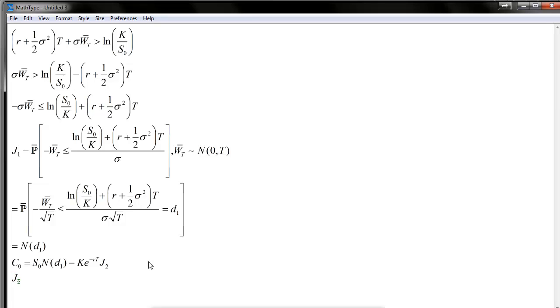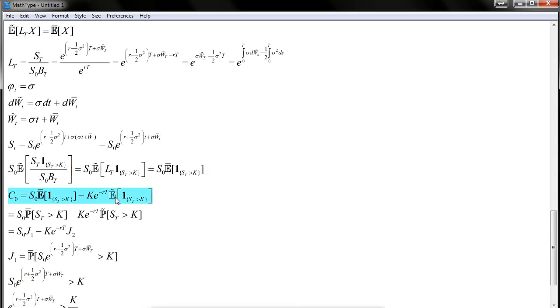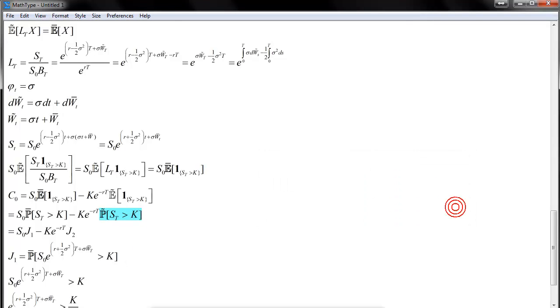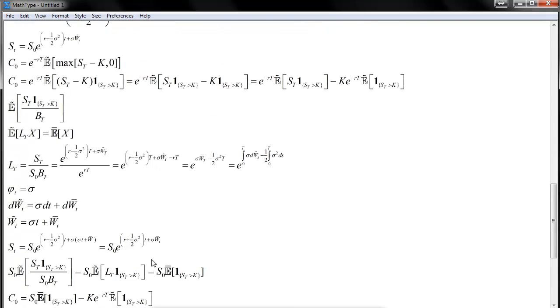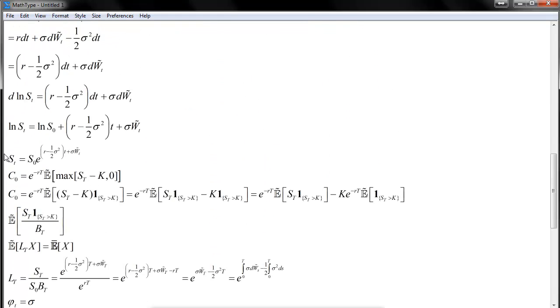So J2 is the risk neutral probability that S_T is greater than K, but S_T has the motion defined by this equation.